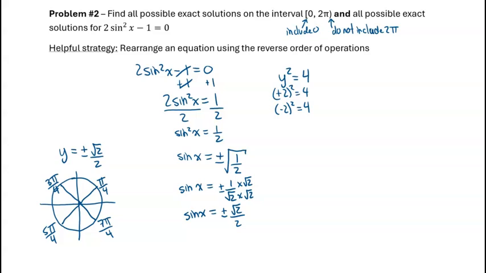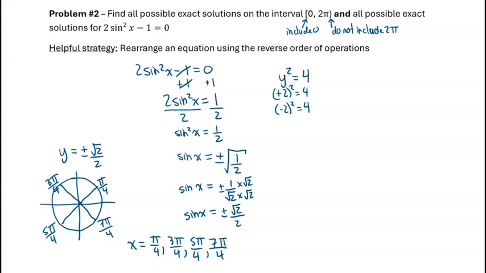But those would all work within 0 and 2 pi. So the exact solutions on that interval are when the angle x is equal to pi over 4, 3 pi over 4, 5 pi over 4, and 7 pi over 4. So that's how we'd answer the first part of that question that asks for the exact solutions on that interval.